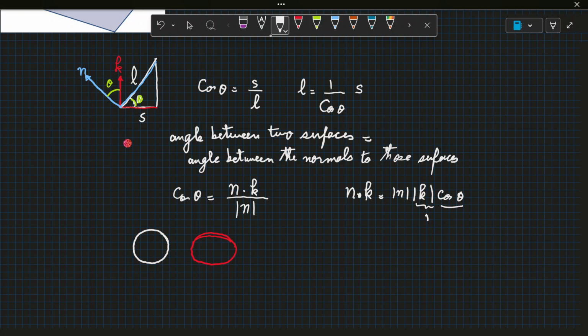If the diameter doubled after I stretched it, we are stretching in one direction. What is it going to do? The area of the red one is also going to be double the area of the white one.